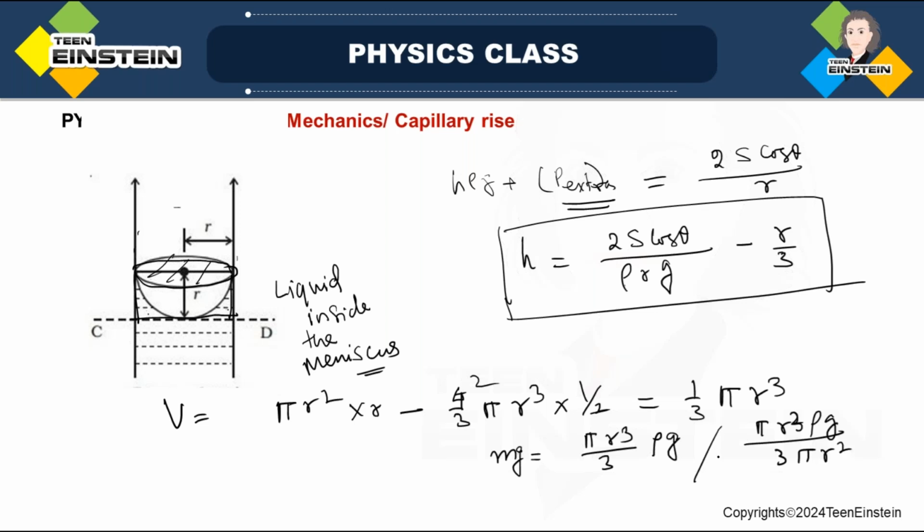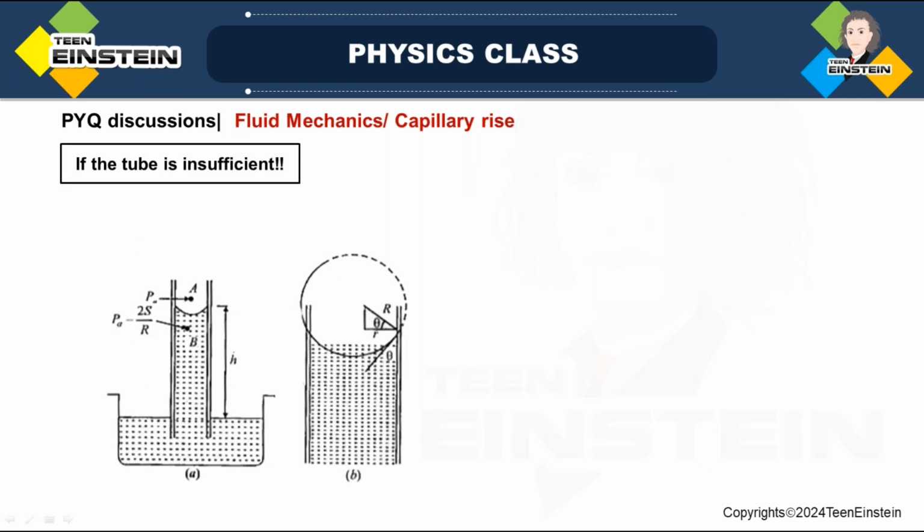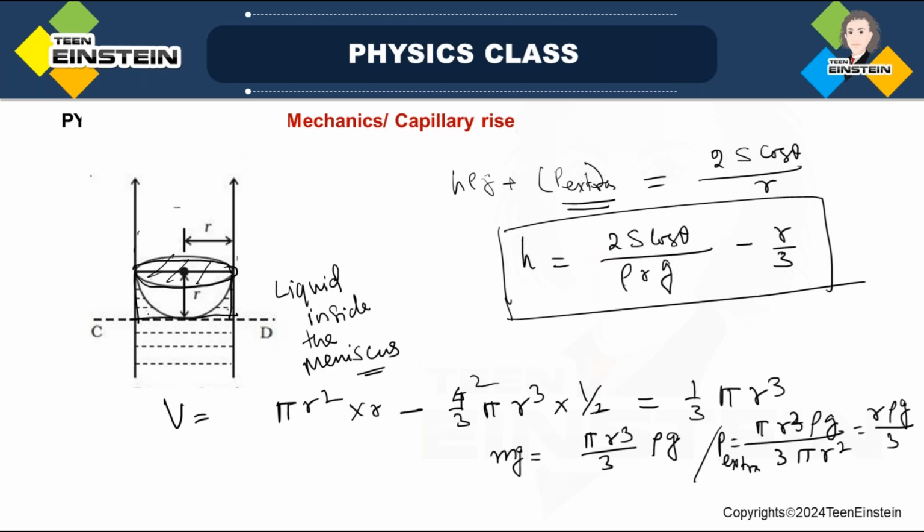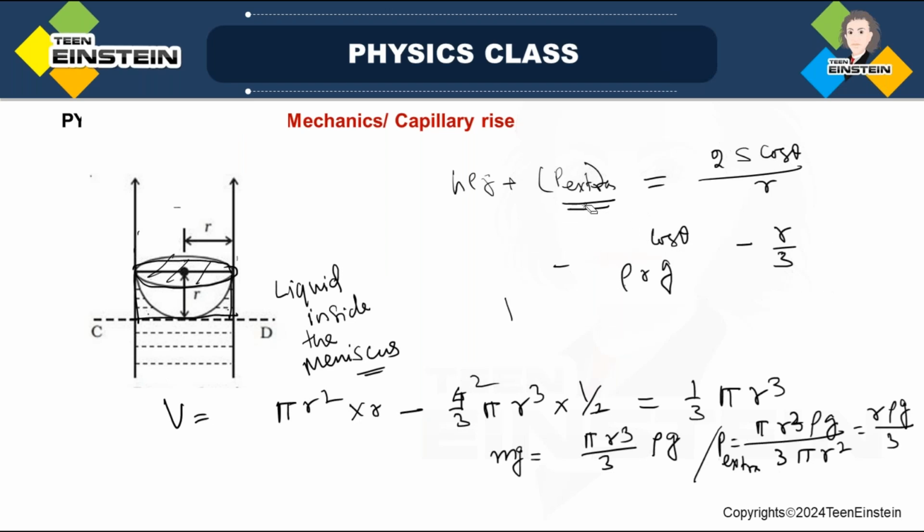So this will be the excess pressure, extra pressure, along with h rho g. Look, this will be actually r rho g by 3. Let me write down here in this expression, the p extra.